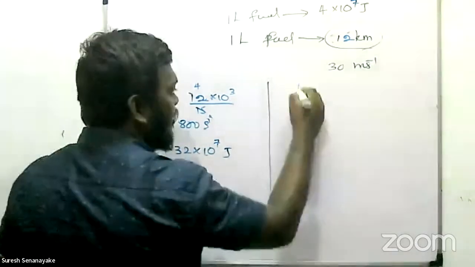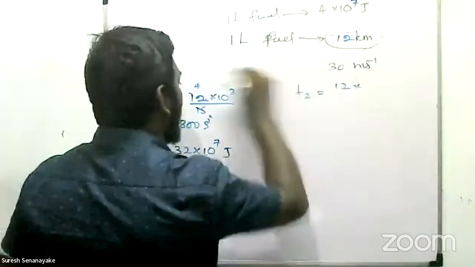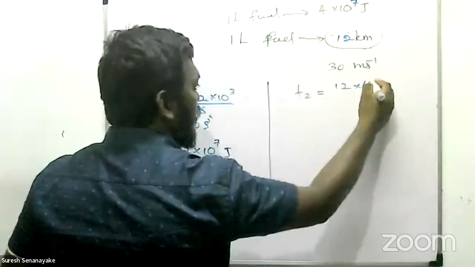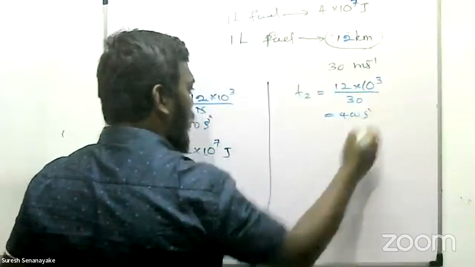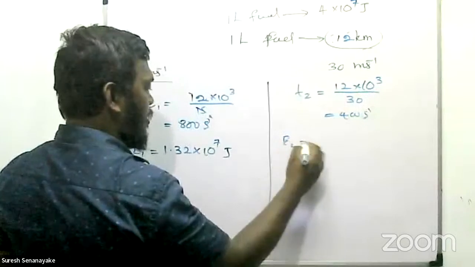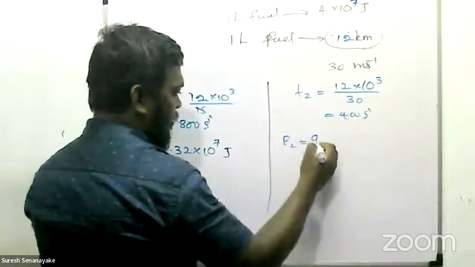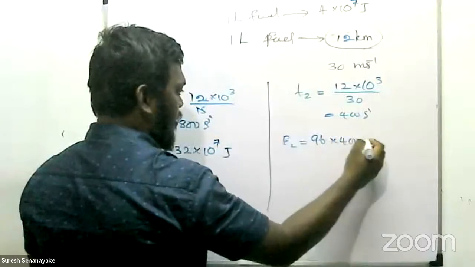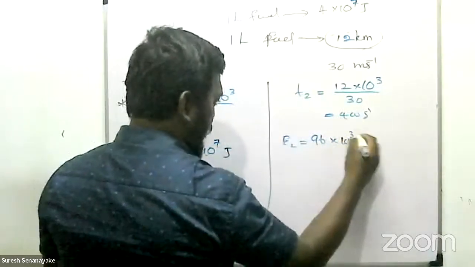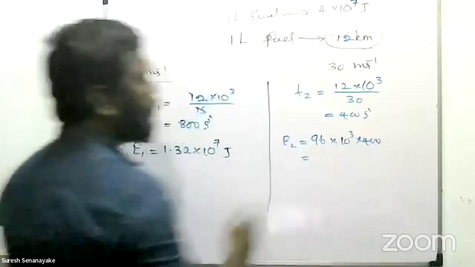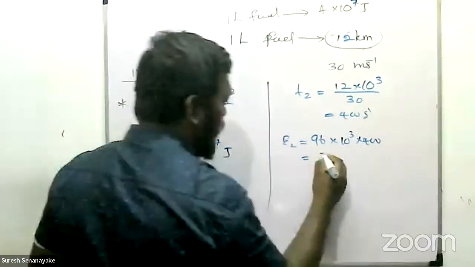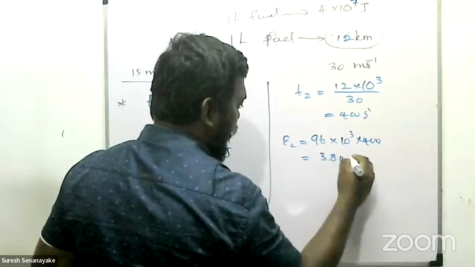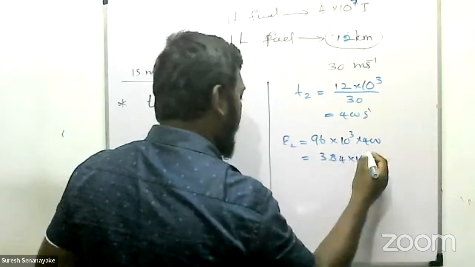And here the time is 12 into 10 to the 3 divided by 30, and now 400 seconds is taken, and then the energy consumed is this 96,000 into 400, 3 into 400, sorry. The previous answer is increased by 10 times. That's 3.8 into 10 to the 7.